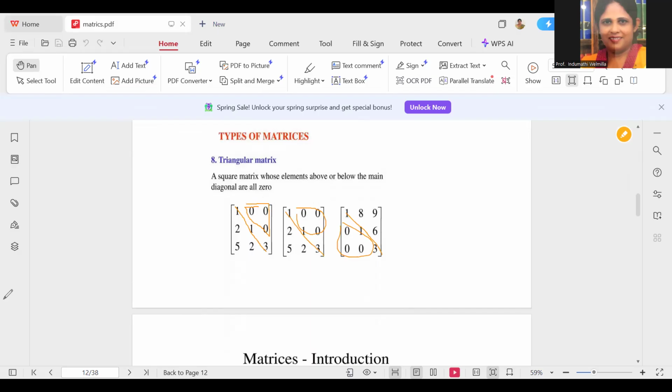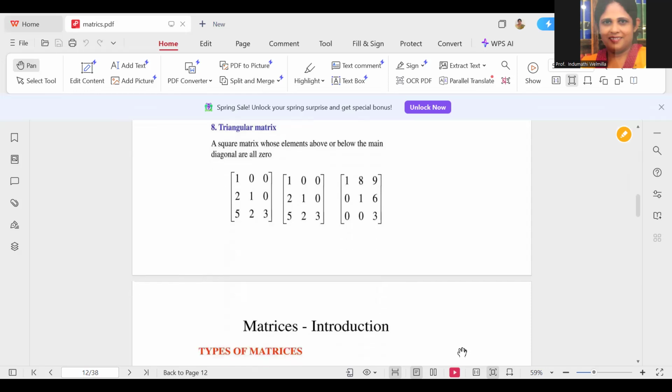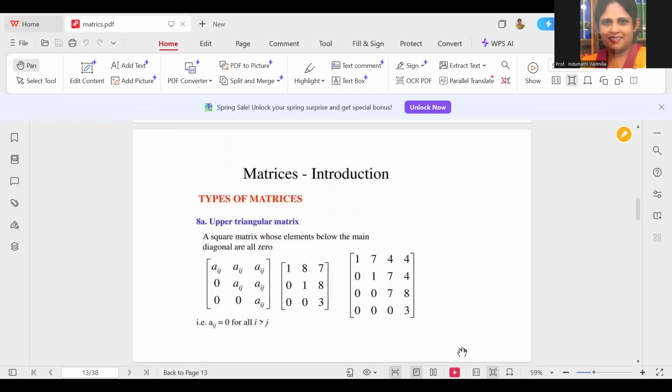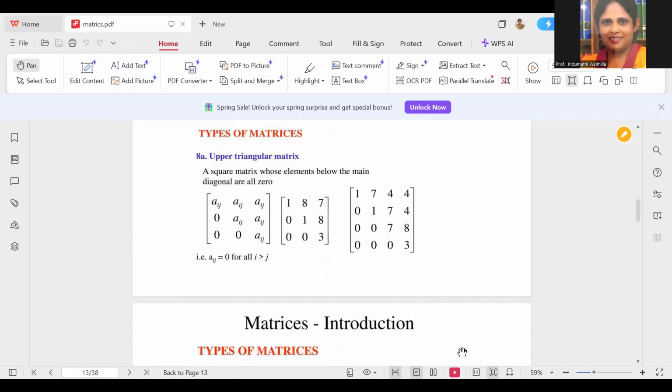And this one we can also divide into upper triangular or lower triangular. I'll show you. Upper triangular is a square matrix whose elements below the main diagonal are all 0.